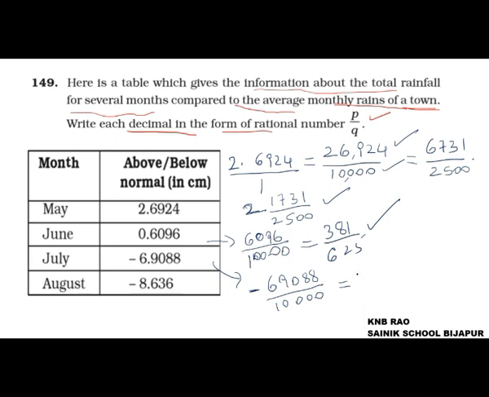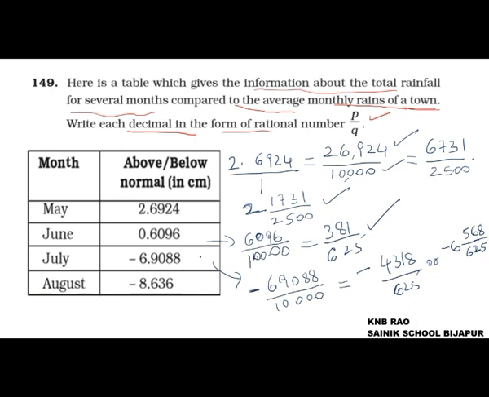Converting it into simplest form, minus 4,318 upon 625, or it can be written as minus 6 integer 568 upon 625.